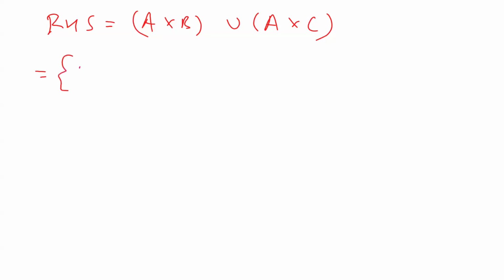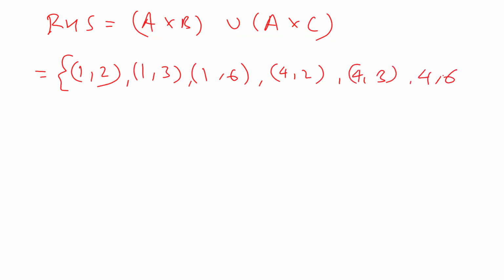Let's go to RHS. RHS is equal to A cross B union A cross C. Okay, so A cross B. So I'll just write down A cross B for you. It is 1, 2, 1, 3, 1, 6, 4, 2, 4, 3, 4, 6. You can take a look at the textbook. The question is there in it, and you can find out set A, B, and C over there.